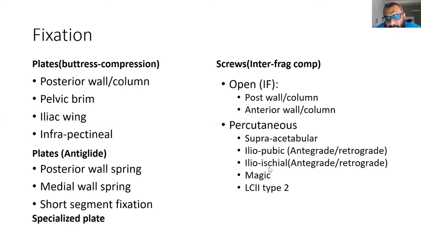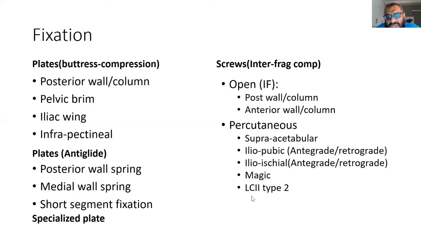We have what's called the supraacetabular screw and the magic screw. Both of these screws are for the dome of the acetabulum. One of these screws starts from the iliac fossa anteriorly and hits the medial wall of the acetabulum. And the magic screw, if you have heard about it before, starts from the outer surface of the ilium and hits the medial wall again of the acetabulum.